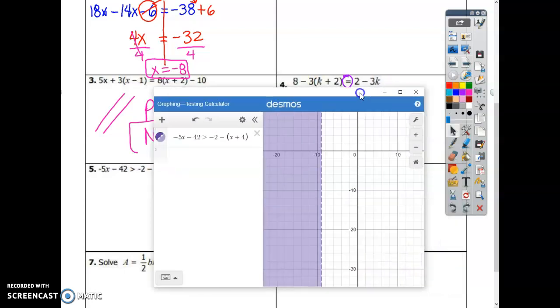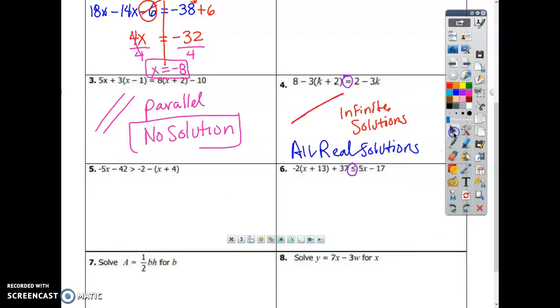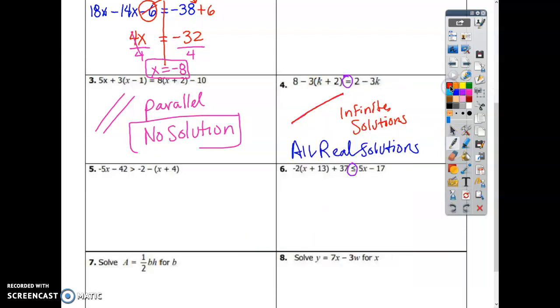When you put the whole thing in here, first of all, you have to click on that point. That's going to be your answer, the -9. But which way is it shading? To the left or to the right? To the left. So if I draw a number line, which way was it shading?